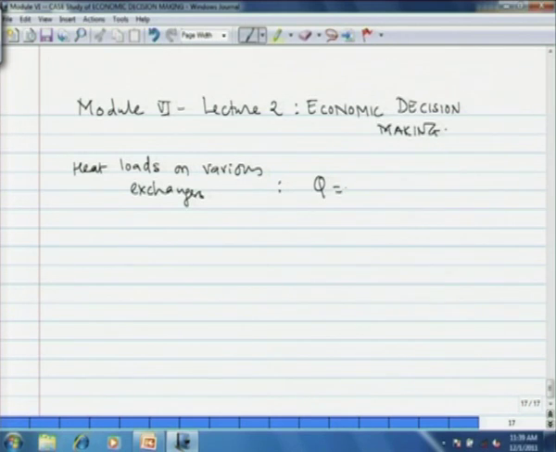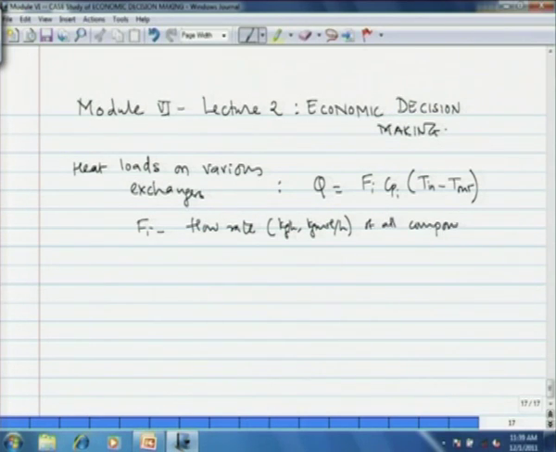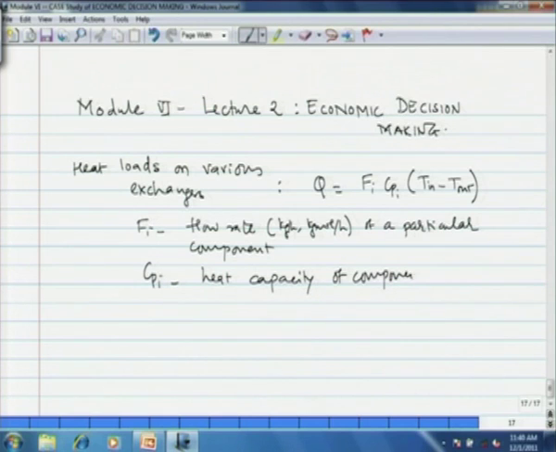And that heat load Q can be calculated from a simple relation, where Fi is the flow rate, either in kg or kg mole, whatever you choose, or kg mole per hour in case of a continuous process, kg per hour, flow rate of a particular component, then Cpi is the heat capacity of that component, and T in minus T out is the temperature difference of the inlet and outlet stream.